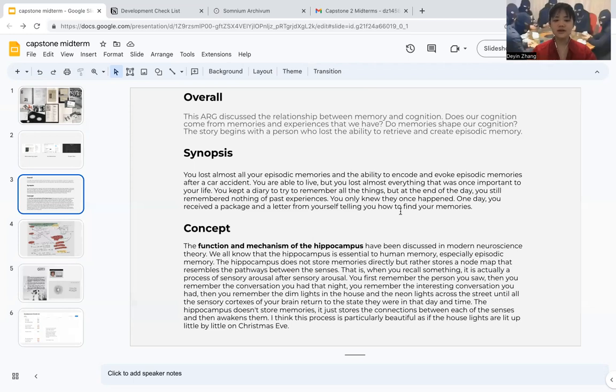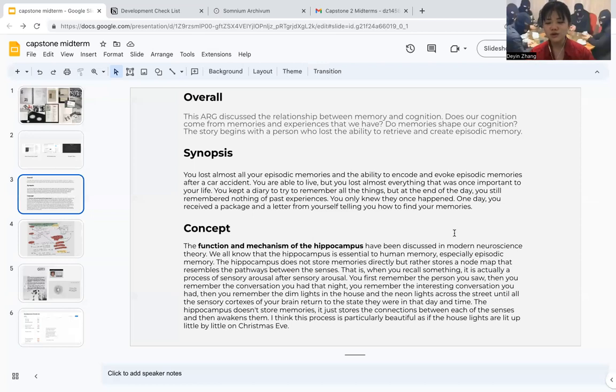So the synopsis, or the main plot of this ARG, is: you lost all your episodic memories and the ability to encode and evoke episodic memories. After a car accident, you were able to live, but you lost almost everything that was once important to your life. You kept a diary to try to remember all the things, but at the end of the day, you're still remembering nothing of the past experiences.